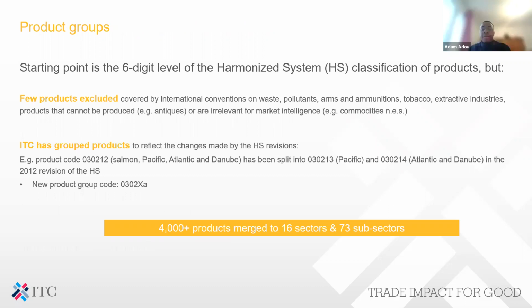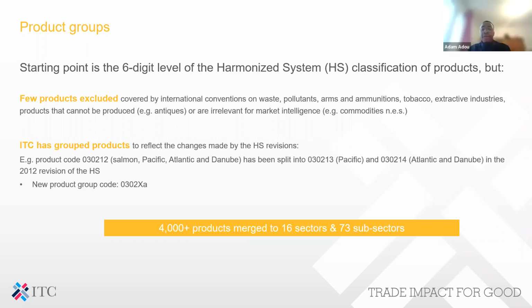I just mentioned that for the specific case of Export Potential Map, as you know, when you use the harmonized system classification, sometimes the position of a product in the classification is updated. So in order to solve this issue, because some positions might change with time, the Export Potential Map team has developed a methodology where some specific products are grouped into a group of products.